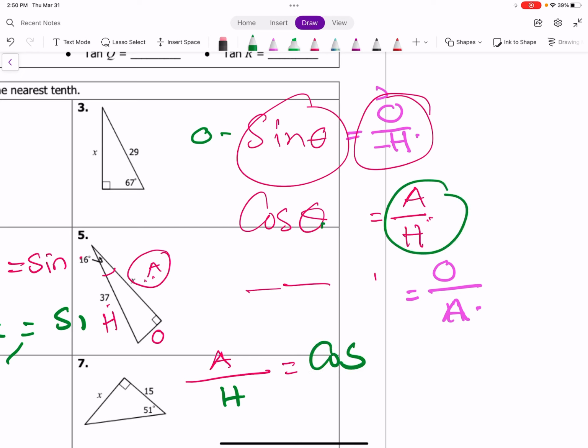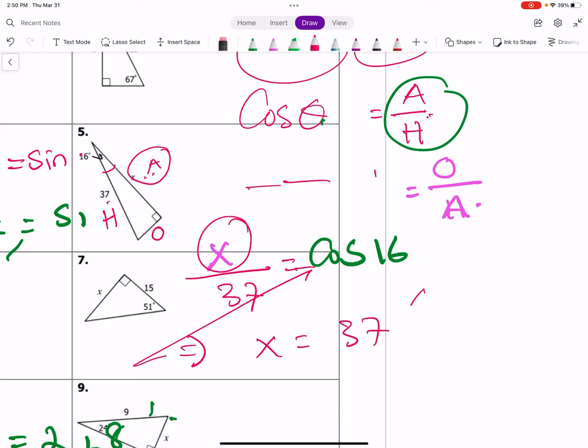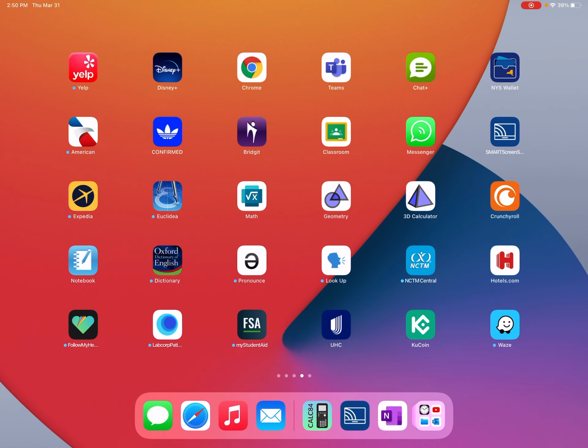So cos theta, where theta is 16. I have my adjacent as x, so I replace that with x, and my hypotenuse is 37. So now I need x. I cross multiply: x equals 37 times cos 16.